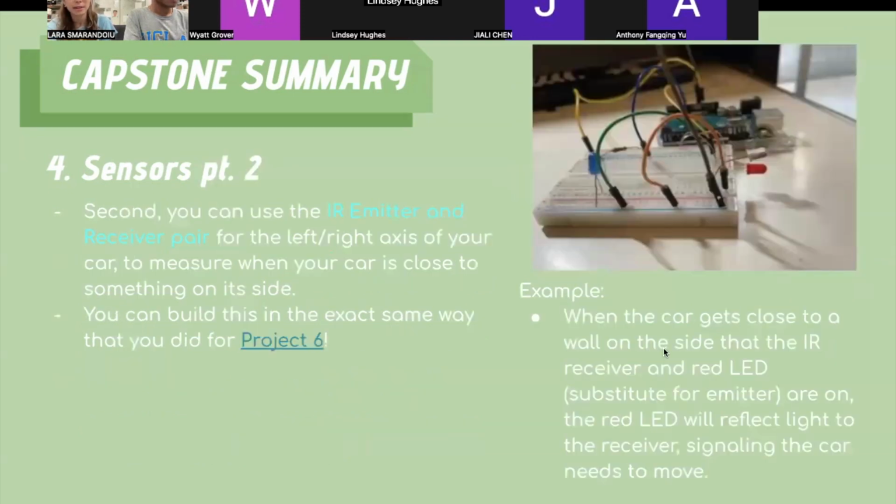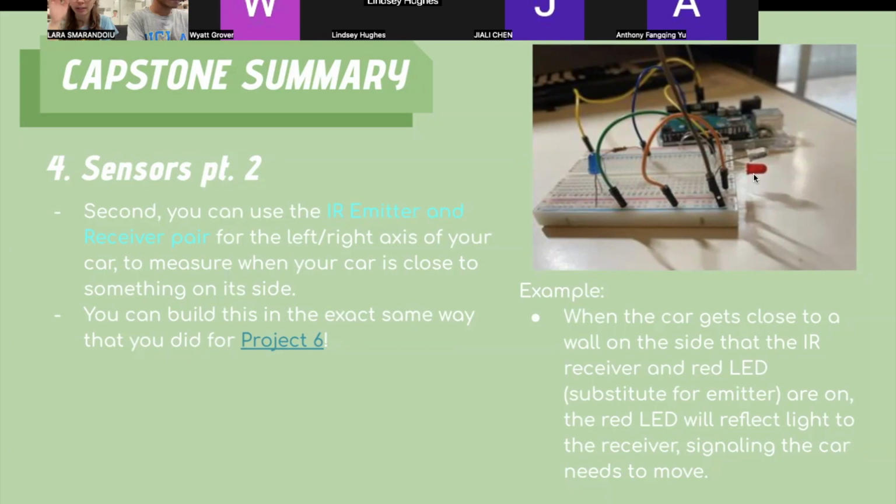And then secondly, we have the IR emitter and receiver pair. This is the exact same thing as in project 6, so if you need any help with that, you can reference the spec for project 6. An example of how this would be done is that on the right, you see a picture in which there is the IR receiver and then a red LED, because you can substitute it for the emitter if the emitter is faulty.